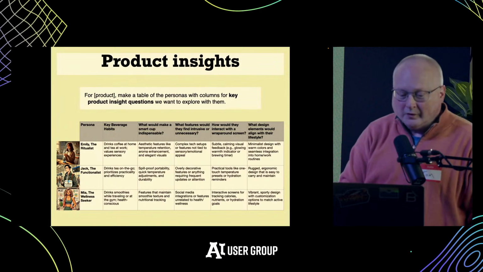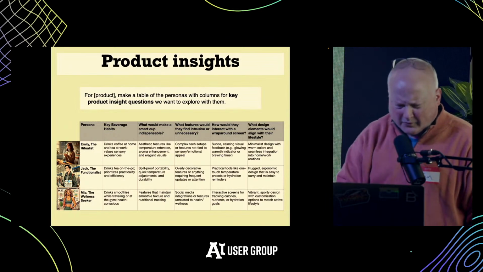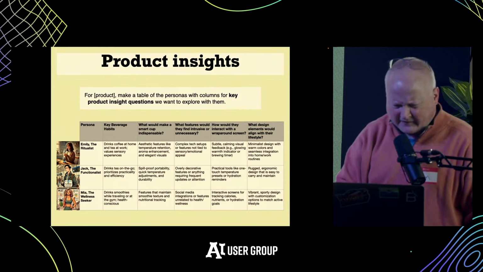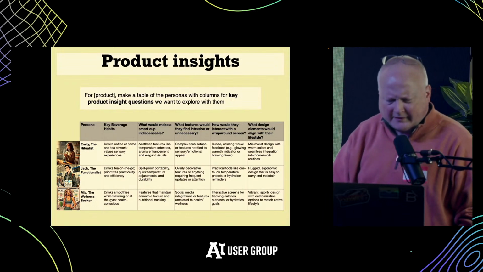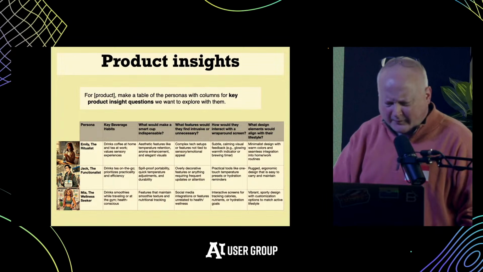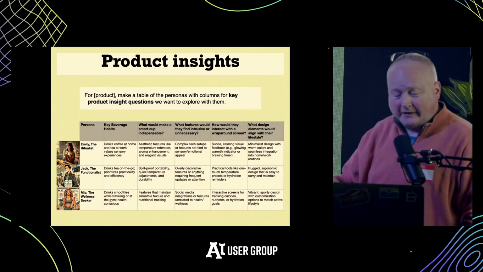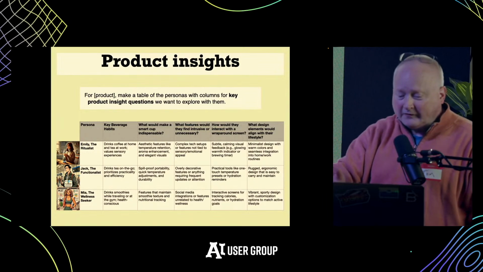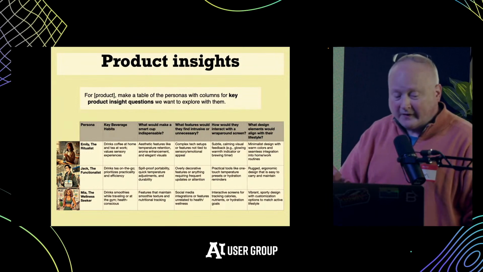For instance, on what would make a smart cup indispensable, Jack says it needs spill-proof portability, quick temperature adjustments, and durability. So great. Each of these questions is giving you different insights into how to approach your product.